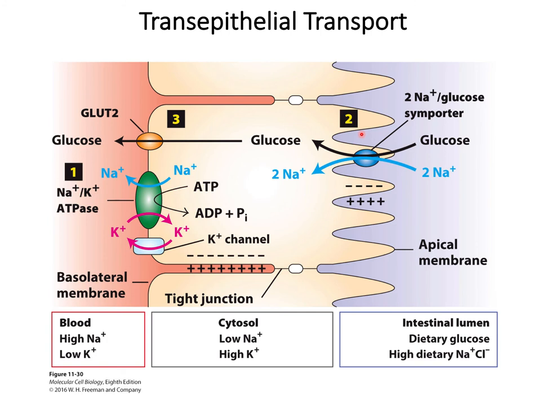First, I want you to notice that these epithelial cells are polarized, and they have distinct tight junctions and establish biochemically distinct apical and basolateral membrane regions that contain different transport proteins. This differentiation limits glucose transport through the paracellular pathway in between the cells.